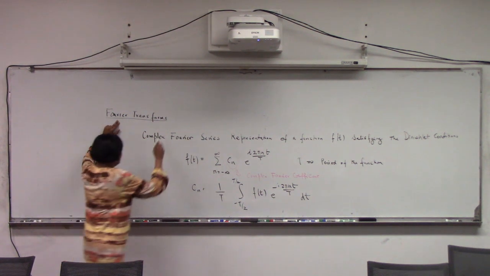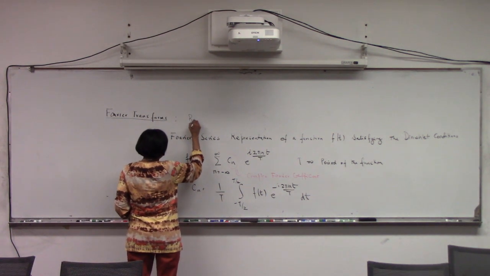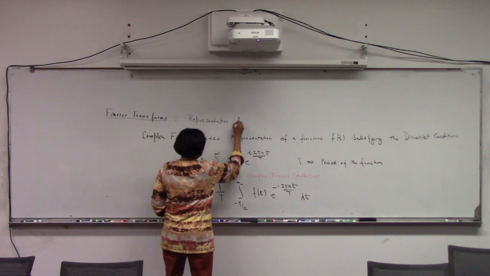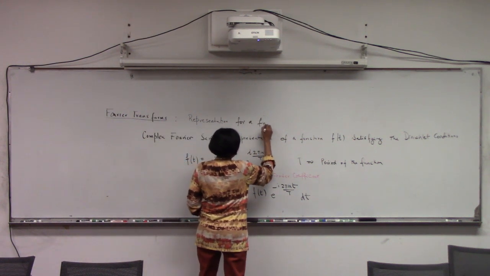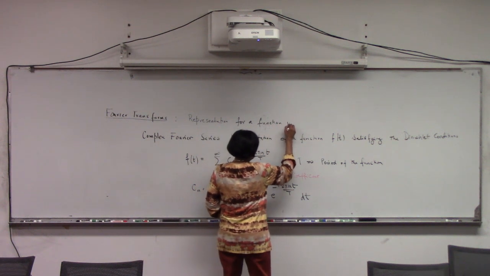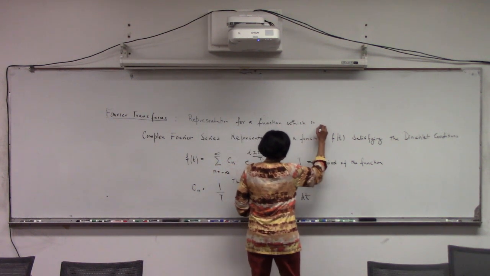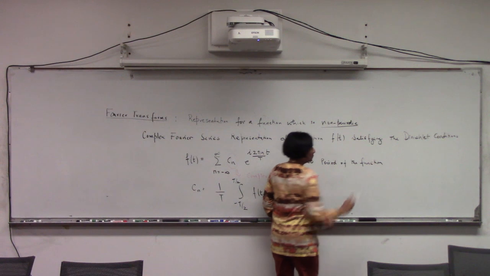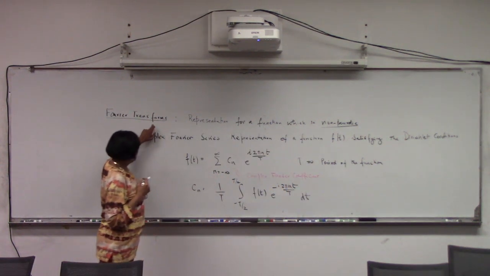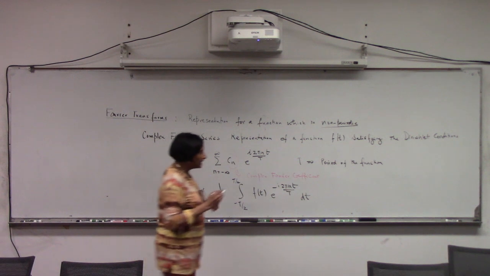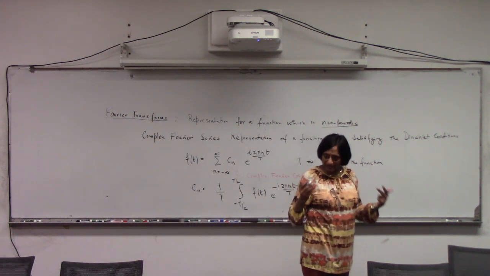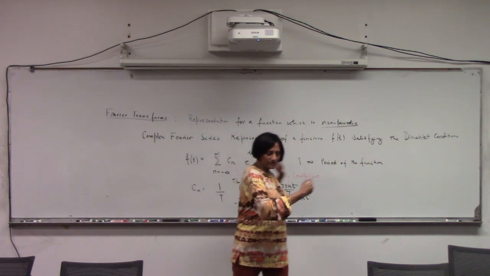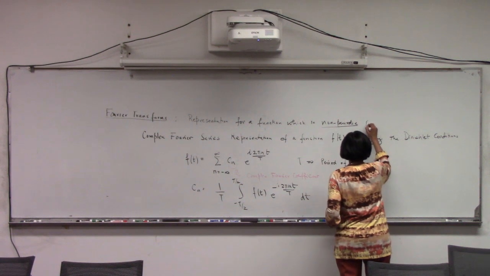So this is a representation for a function which is non-periodic. That is what we seek, a representation of a function which is non-periodic, and you want to write it in terms of sine and cosine still, right? Exponential is nothing but sine and cosine.